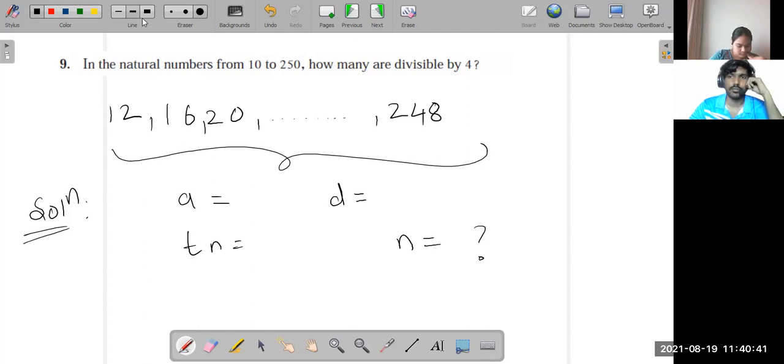What happened? Are you able to solve? Show me your calculation.